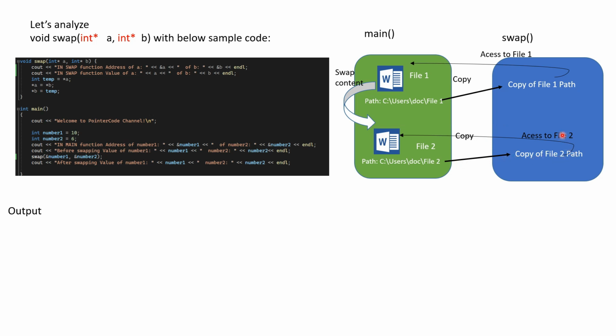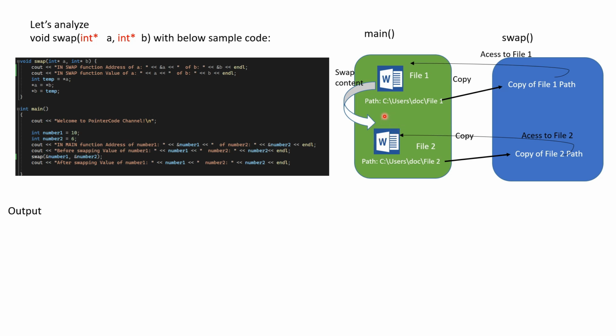In the swap function we have a file path, so we can access the original file by the file path, and after that we can swap the content of the original files, file 1 and file 2. This is how a pointer works.